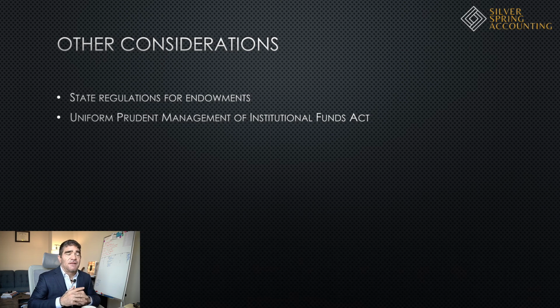And a lot of these are going to fall under the Uniform Prudent Management of Institutional Funds Act, otherwise known as UPMIFA. It has criteria for managing endowments and managing permanently restricted endowments. So you should be following these, and if you're putting together financial statements, it's good to disclose these. It's a required disclosure.